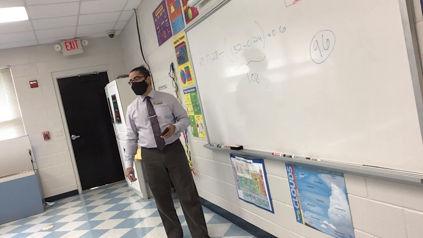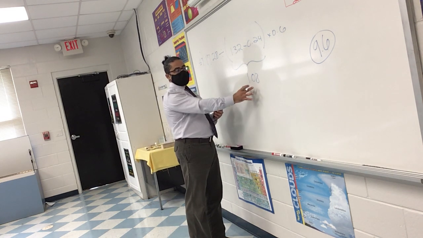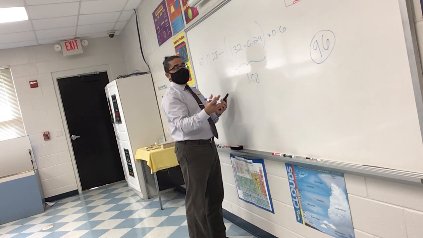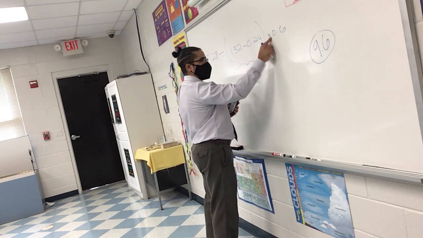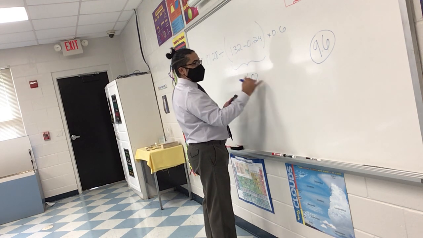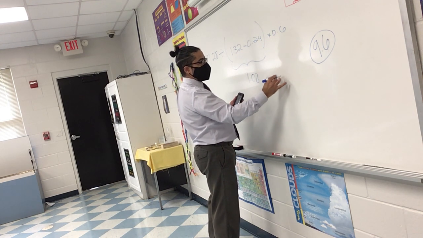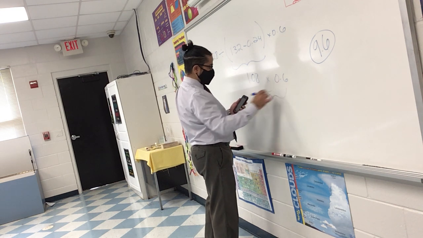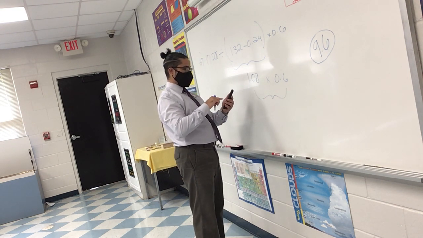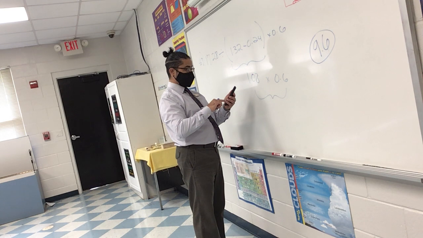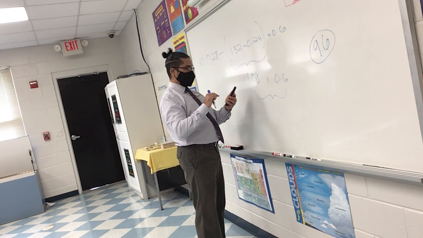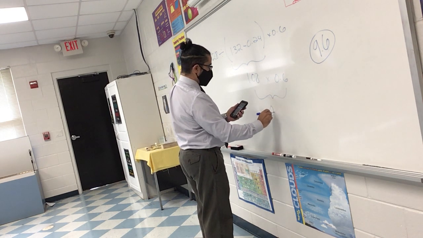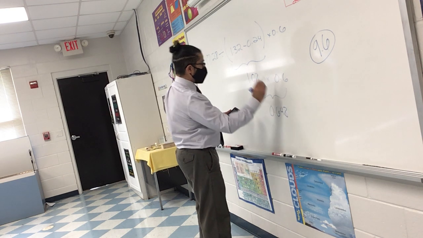When we multiply this times 0.6, we get 0.648.